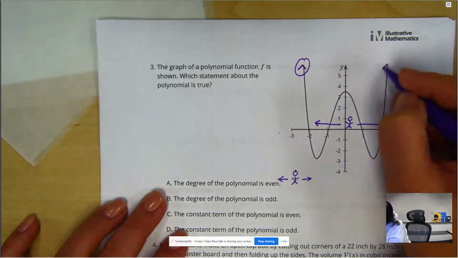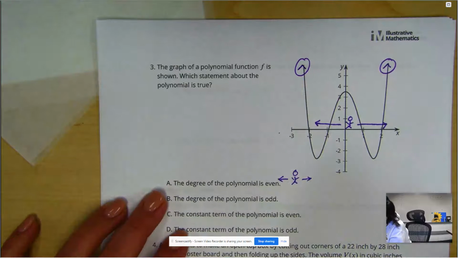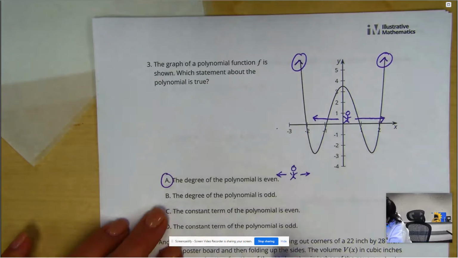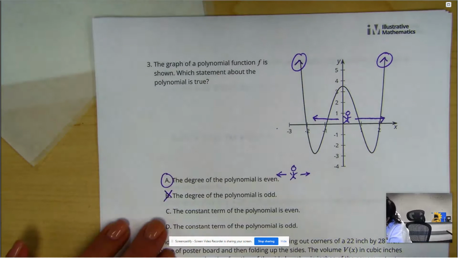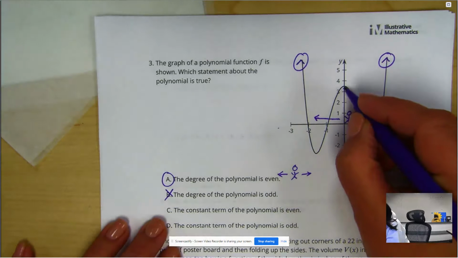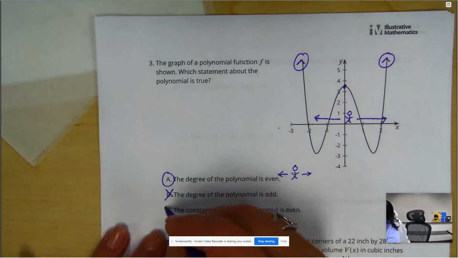That seems to be true here. That's what's happening. Yes, it dips down, but I'm looking at the ends. Could not be odd. The constant is even. The constant, we haven't really talked about this, but it ends up being the y-intercept. And it looks like it's like 3.5, so that isn't correct.